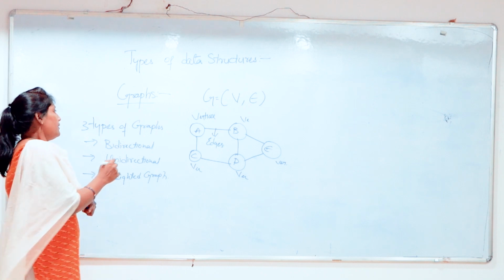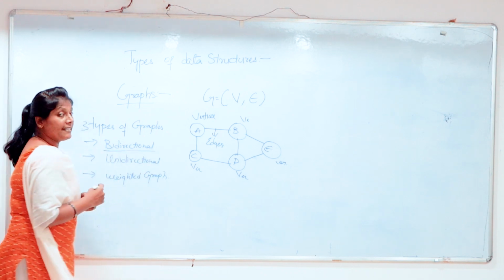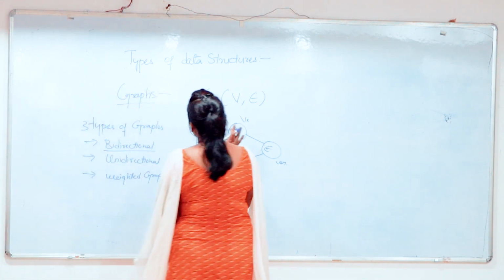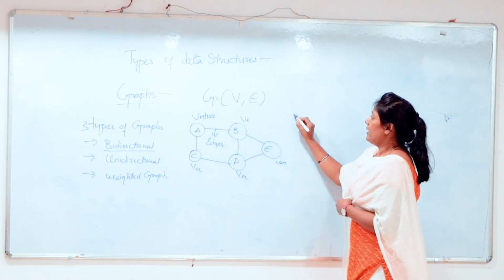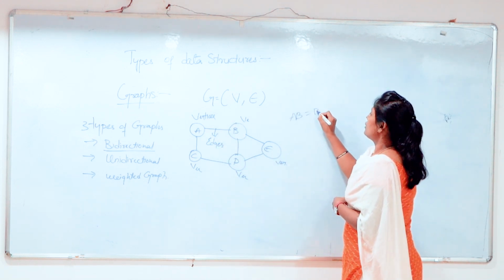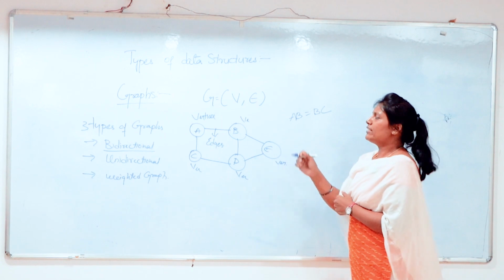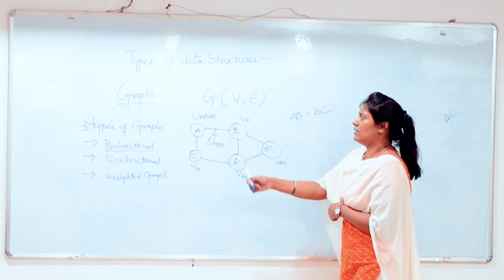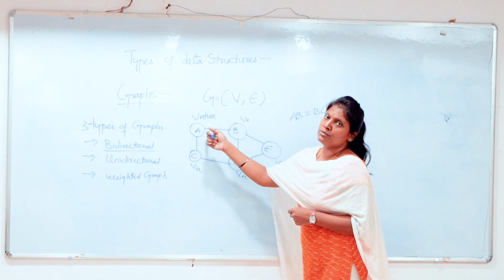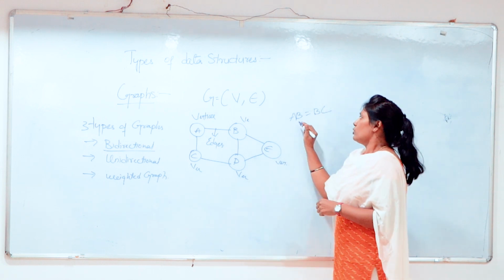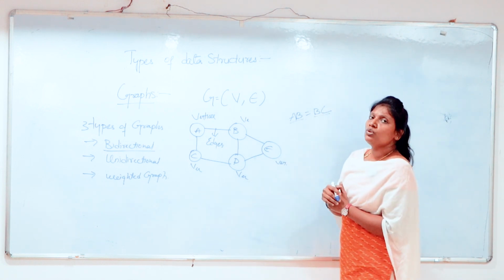Coming to the bidirectional graph, here AB is equal to BC. So whichever path you traverse from A to B and B to C, that is equal. That's the reason AB is equal to BC.